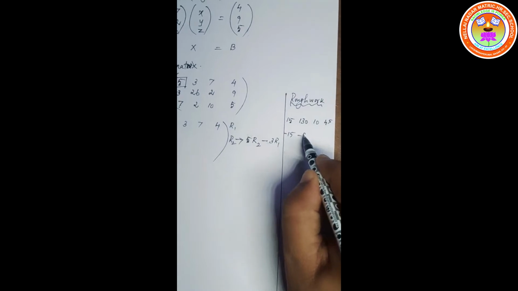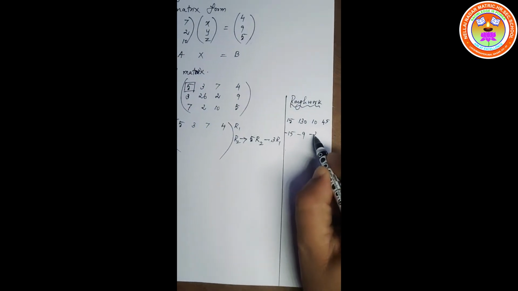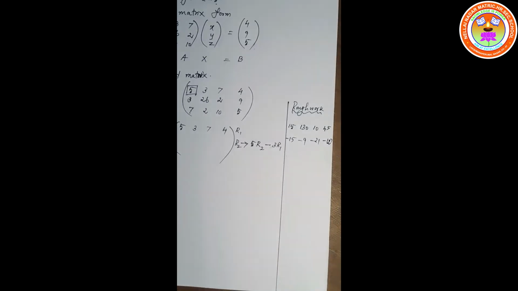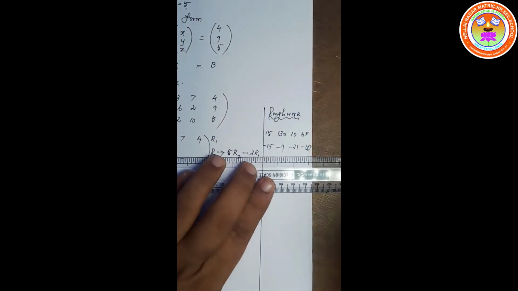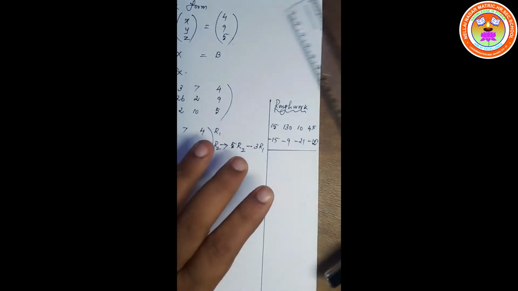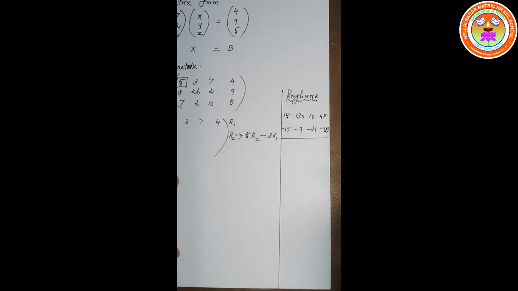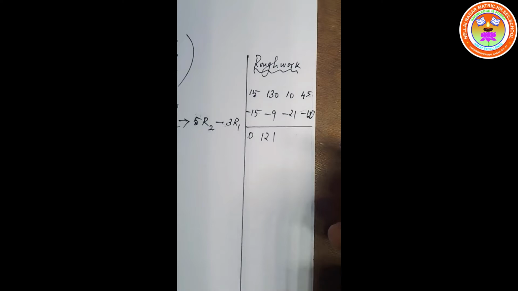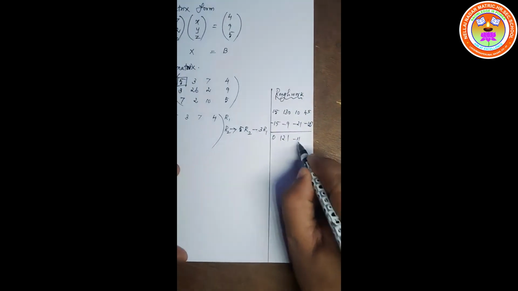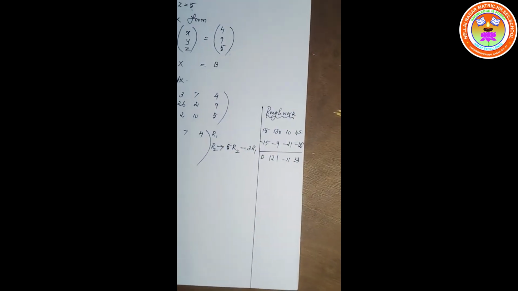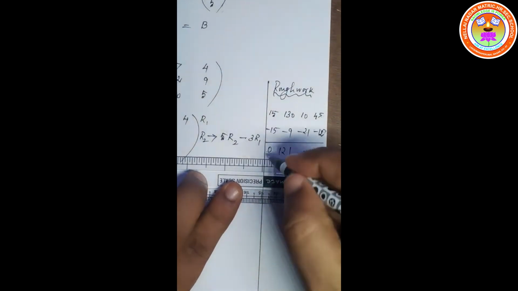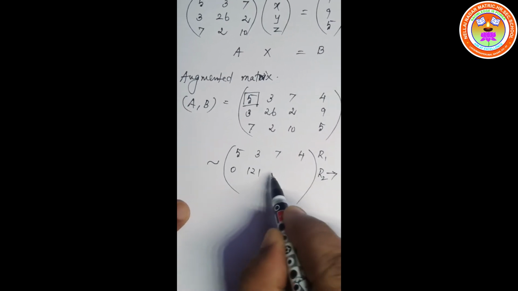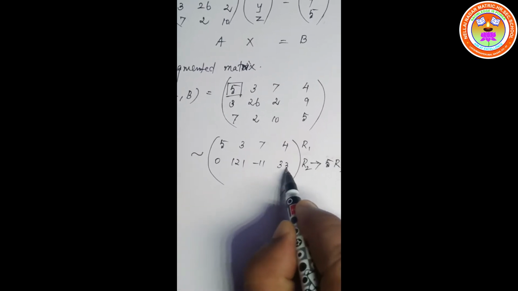Minus 3 into 3, minus 9. Minus 3 into 7, minus 21. Minus 3 into 4, minus 12. Have to subtract. You will be getting 0, 121, minus 11 and 33.